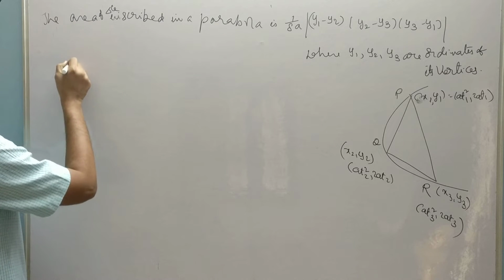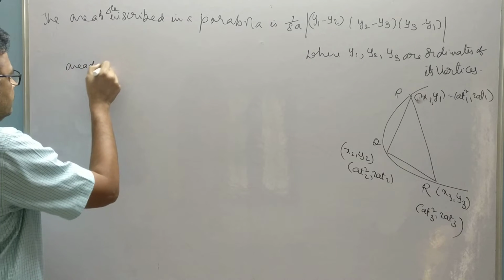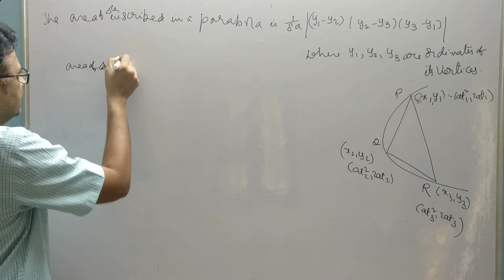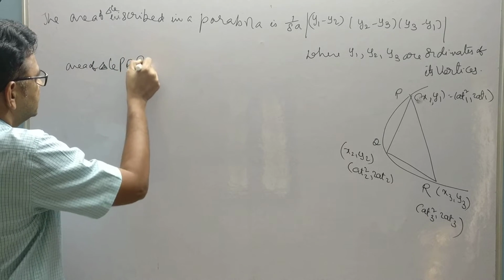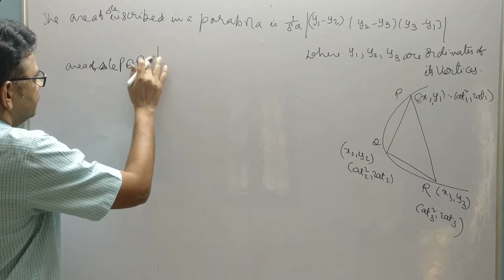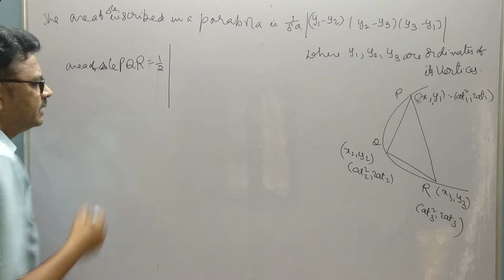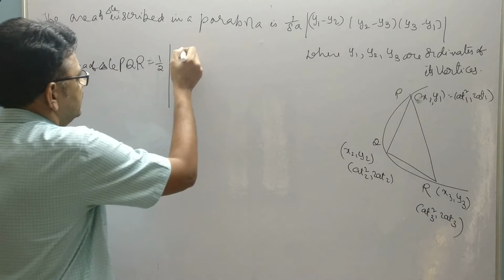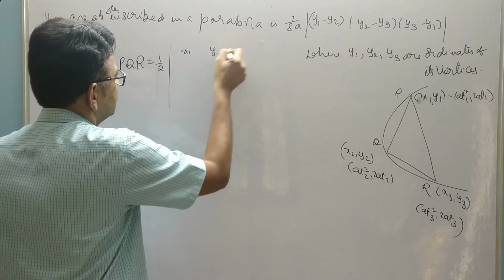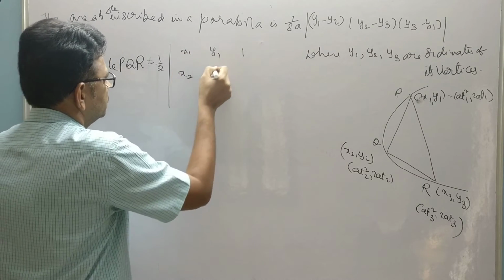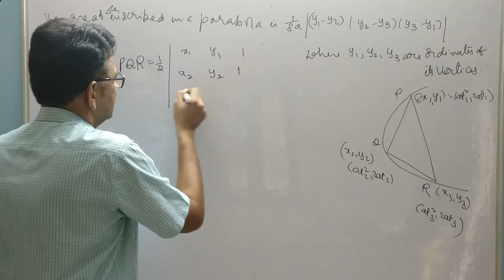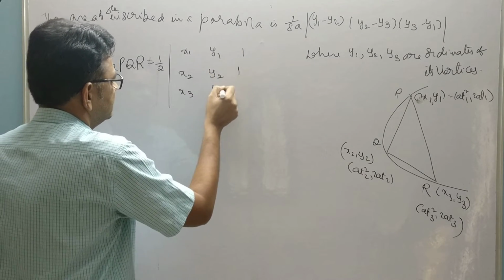Now area of triangle PQR is equal to area of triangle formula, 1/2 into determinant of x1 y1 1, x2 y2 1 and x3 y3 1.